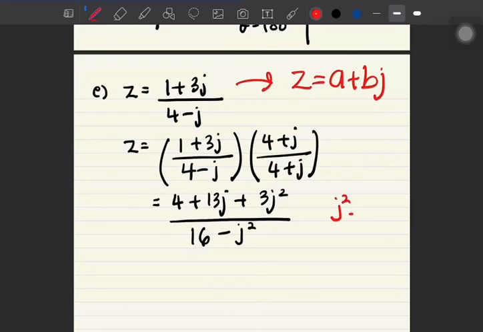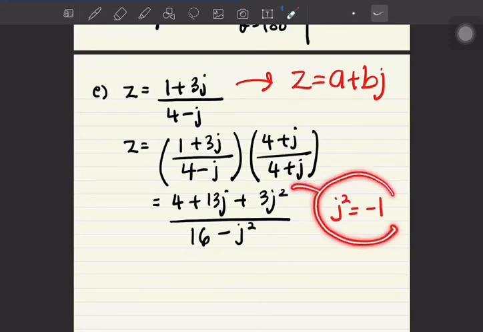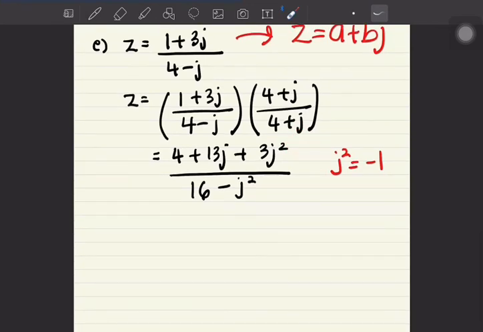As we know, j squared is equal to -1. So substitute this value into here and here and simplify the whole thing, so that you will have z is equal to 1 plus 13j over 17. This is already in the general form of the complex numbers.